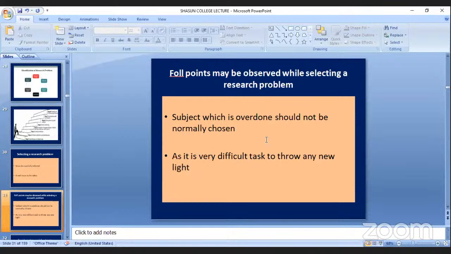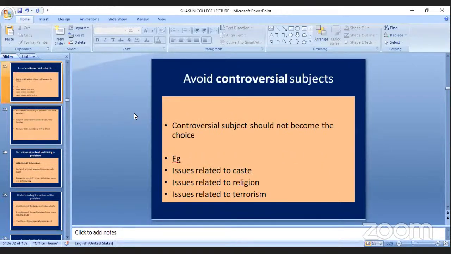So the following points may be observed while selecting a research problem. Overdone work should not be done. And you can avoid controversial subjects. So controversial is what? Something in our country related to caste, terrorism, religion, all this kind of issue can be avoided while you're doing your research, because it's all controversial.